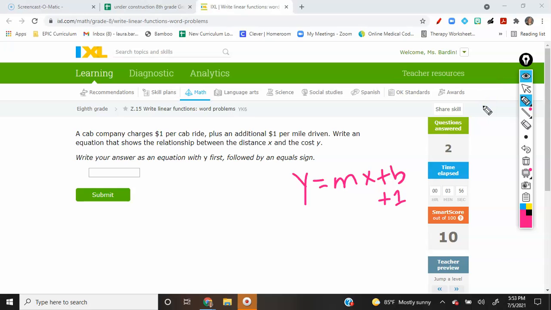It says write an equation that shows the relationship between the miles or distance, let it be an x. How much was it per mile? $1. And the cost being y. So what is your total cost going to be? So right here, we are going to write y equals 1x plus 1.